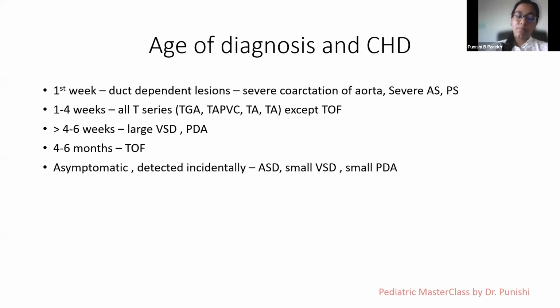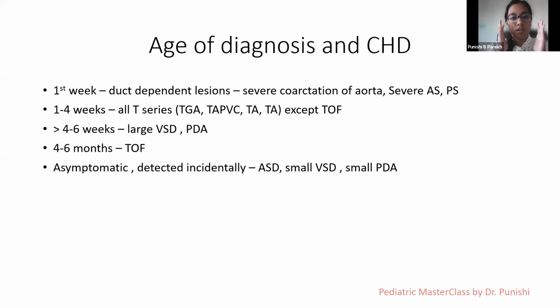That age will be able to tell you that you're probably dealing with this kind of heart disease. Having said that, if you take the example of TOF, it doesn't mean that a TOF cannot present at birth. It can, if your pulmonary stenosis is so severe that there is almost no blood able to enter the pulmonary arteries from the right ventricle. These patients can present with cyanosis even as early as probably 4 weeks of life.